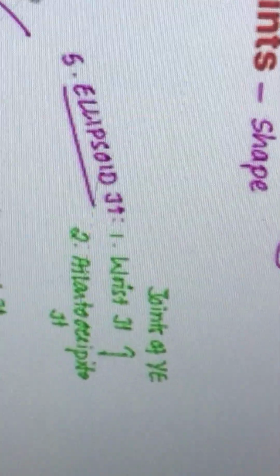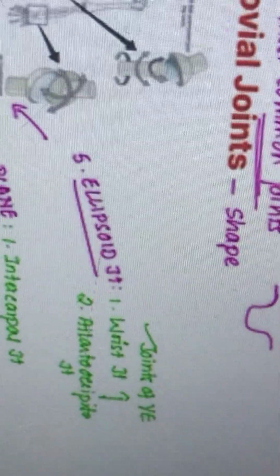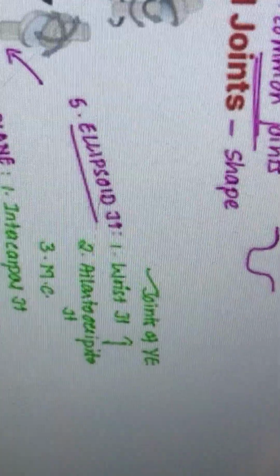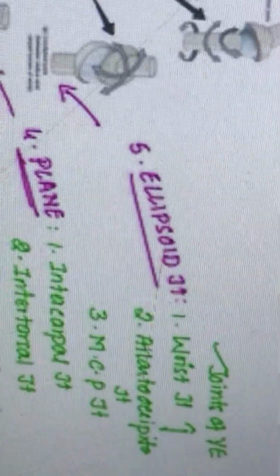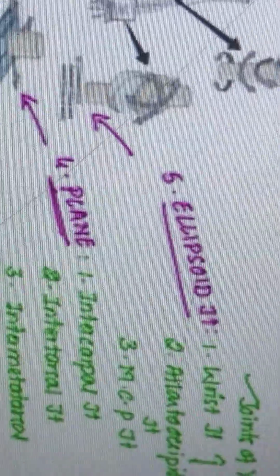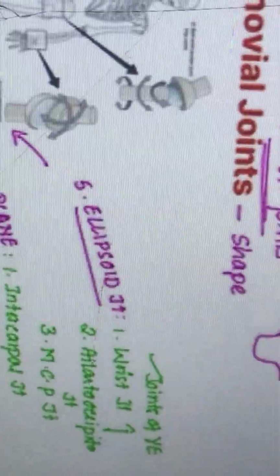The joint of no is formed by what? The median atlanto-axial joint, whereas the joint of yes is formed by the atlanto-occipital joint. Apart from this, you can also include the metacarpophalangeal joint, the MCP joint, or metatarsophalangeal joint. All these are examples for ellipsoid joint.